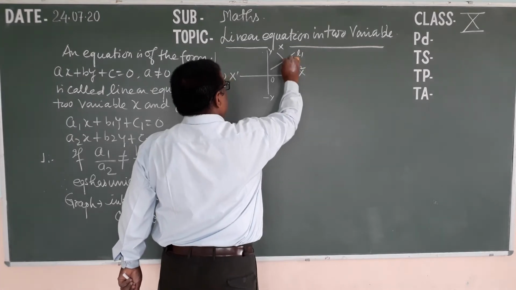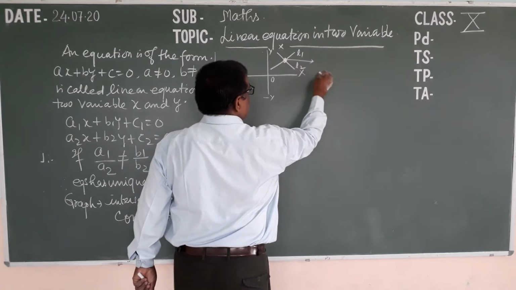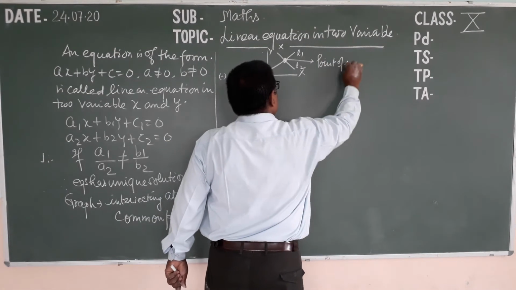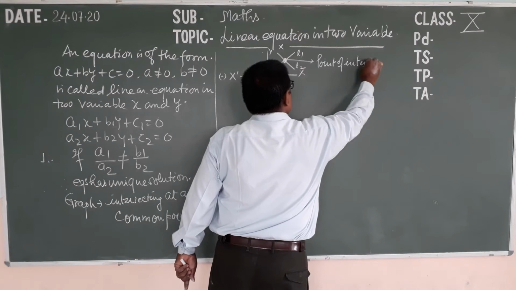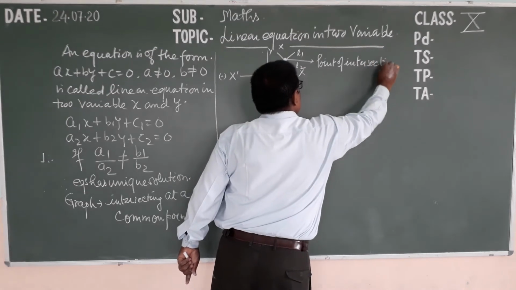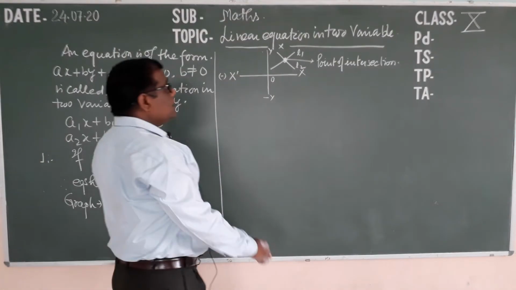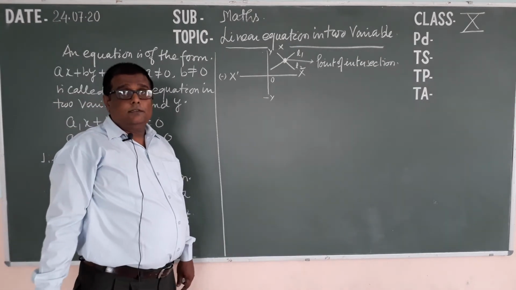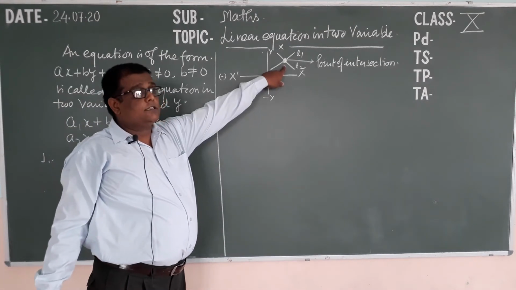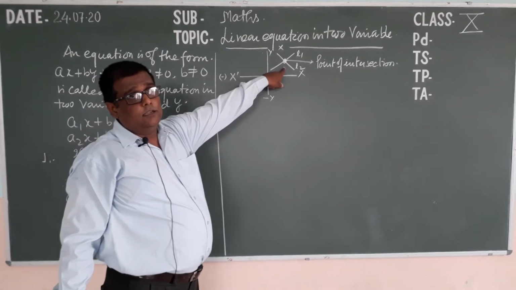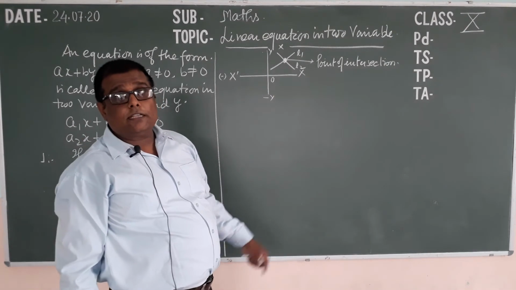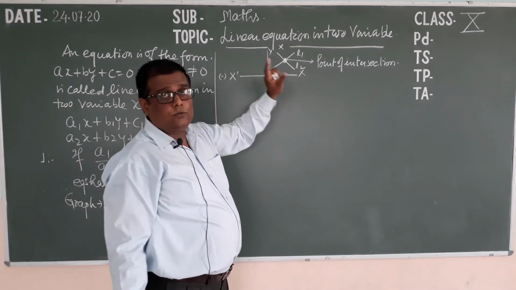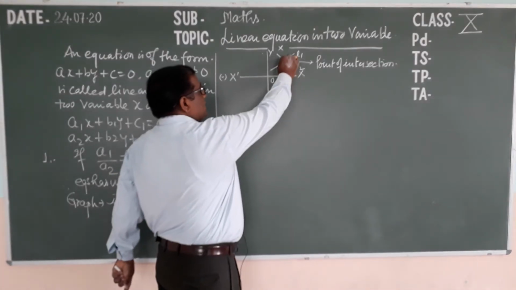This point is the point of intersection. If we solve graphically, then if two lines intersect each other, this common point is the solution of the given equation, that is x is equal to something and y also.